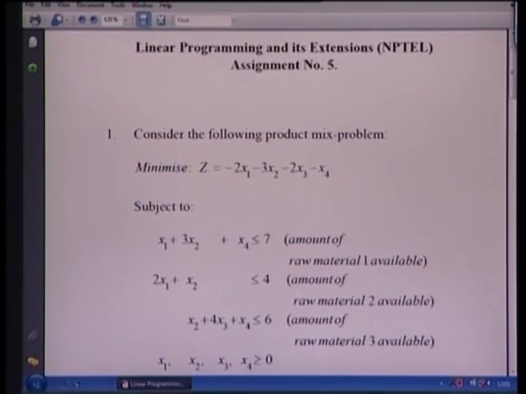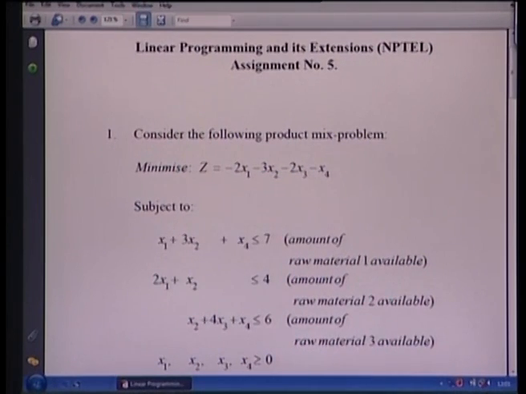We will discuss assignment 5 now, which is based on the portion of sensitivity analysis and parametric programming that we discussed in the last few lectures. So, the first problem is a product mix problem. That means you are given some raw materials and the manufacturer has to manufacture certain products, and he has to maximize his profit.